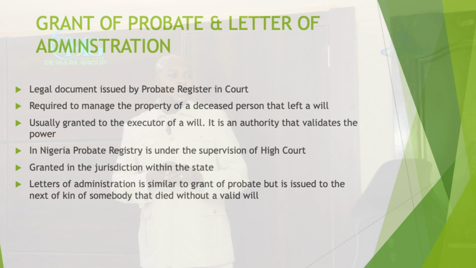Okay. Grant of probate and letter of administration. This is a legal document issued by the probate registry in a court, required to manage the property of a deceased person that left a will, usually granted to the executor of a will.